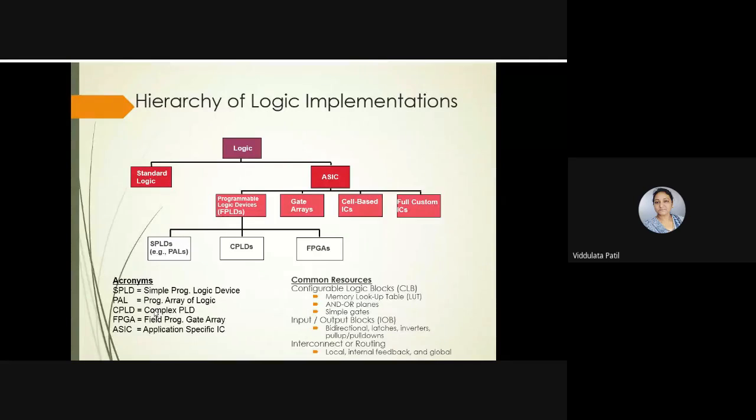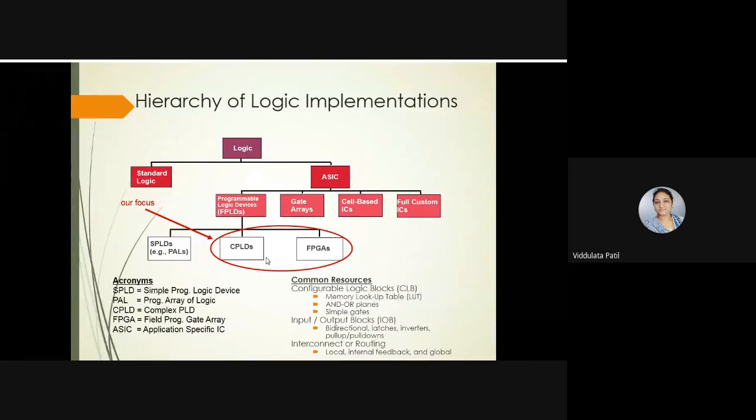Our focus in this unit is on CPLDs and FPGAs, because we are not going to focus much on these simple programmable logic devices. We expect knowledge about complex programmable logic devices and FPGAs. We have discussed in earlier lectures some ICs which are commercially available, CPLDs and FPGAs.